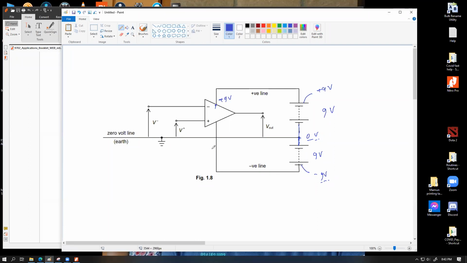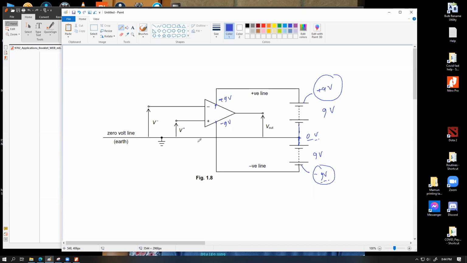And we are feeding this voltage to the negative supply. As a result, this is becoming minus 9 volt. So the purpose of these two batteries, along with the ground line, is to make sure that we can have plus minus 9 volt supply into the op-amp device.